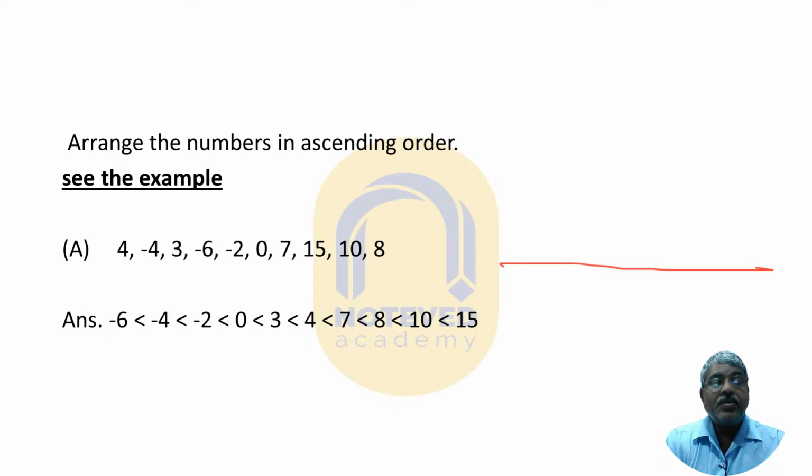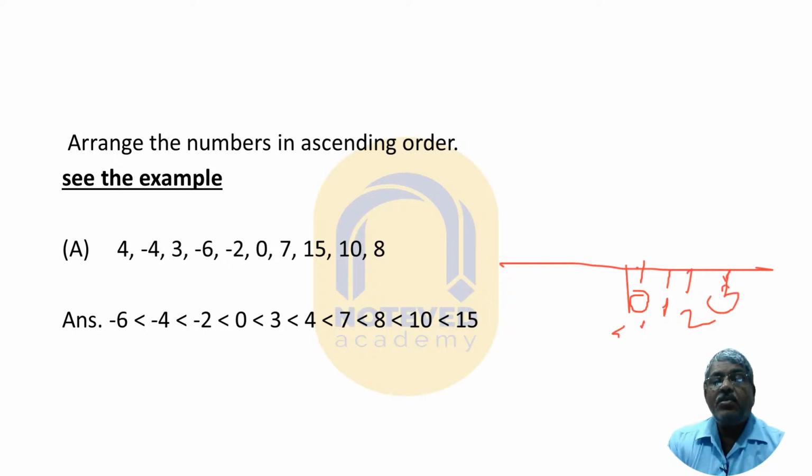Now if this is 0, then here is 1, then comes 2, then comes 3, and similarly when you go to the left of 0, it is -1. So in this way you can see the numbers are in ascending order.